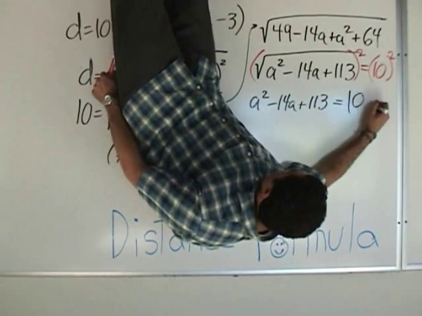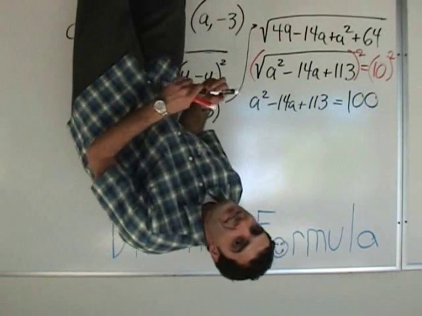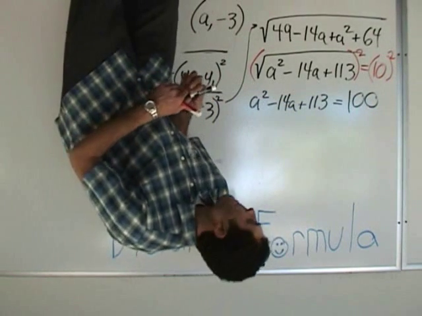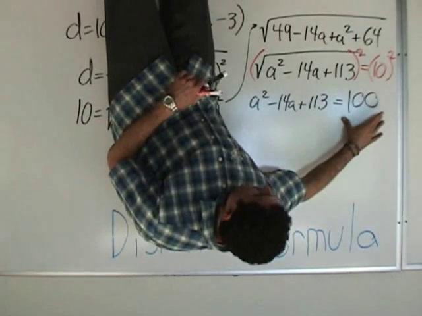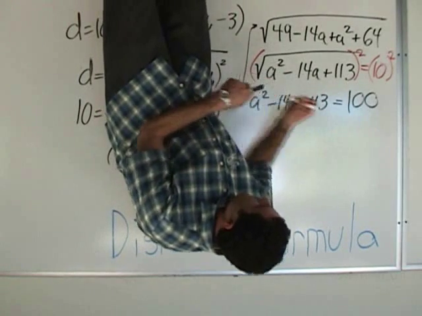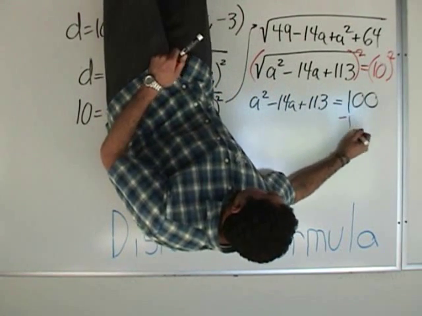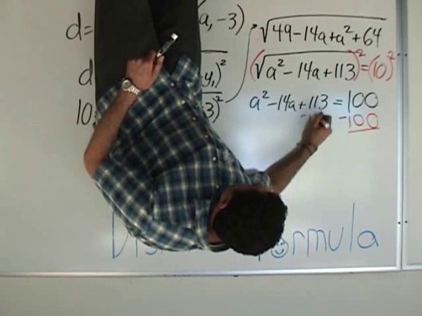100. Okay. Now what do we do? Factor. Before we factor, we have to create equals 0. Subtract 100 from both sides. It's okay if you don't know how to do this right now. Remember, we're learning. It's okay.